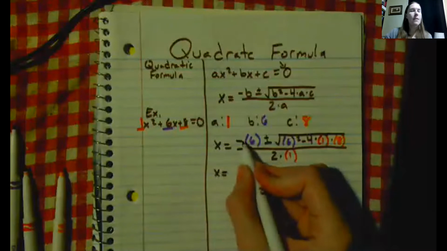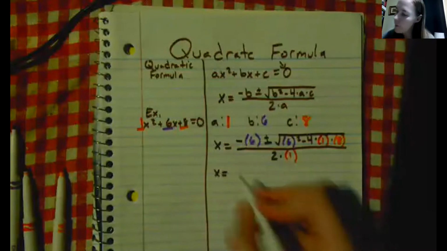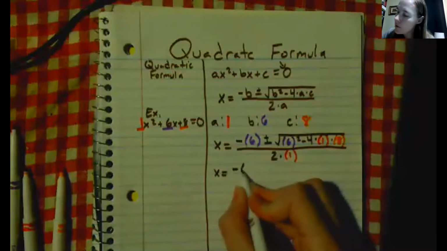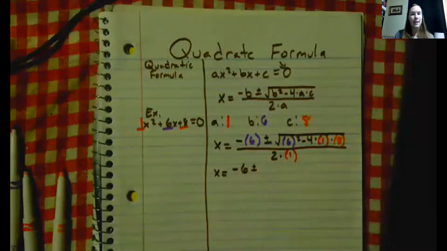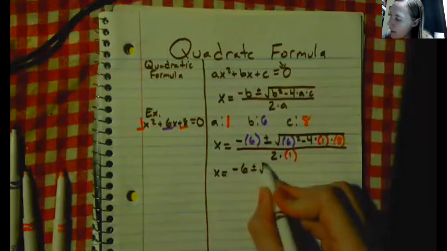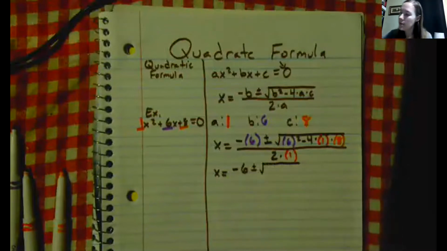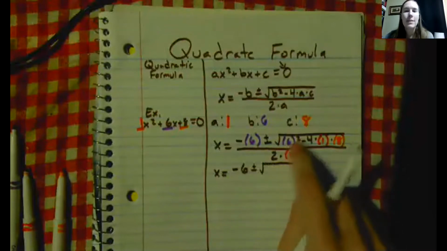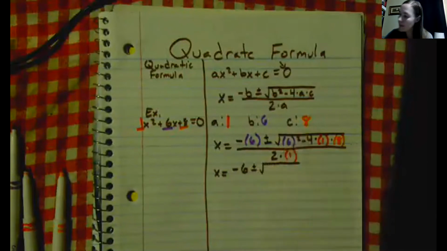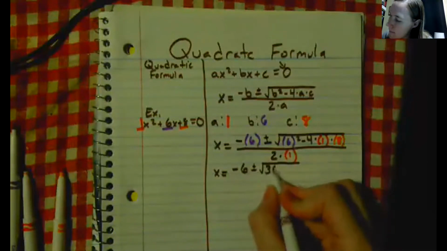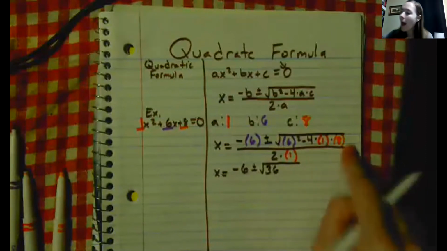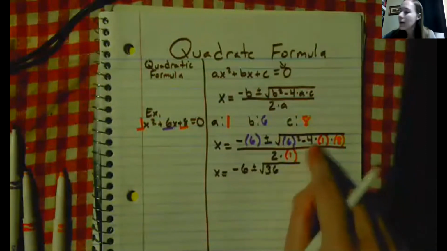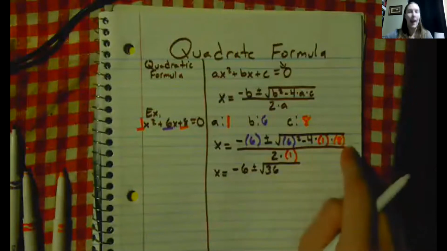So I know a negative times a positive will give me a negative. So I have negative 6. This plus or minus stays the same. And then we're going into the square root. I can do 6 squared. 6 times 6 will give me 36. And then I have this next part. I have minus 4 times 1 times 8.